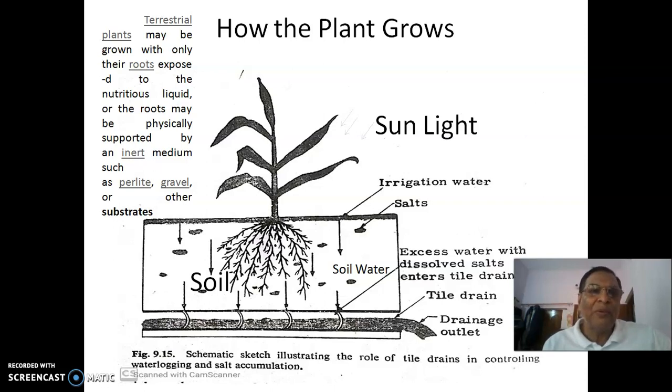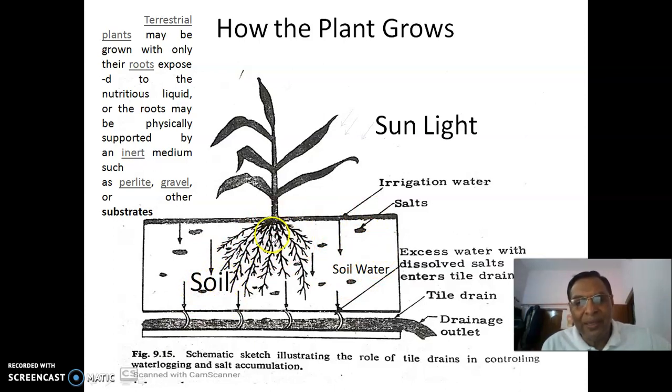Plants may be grown with only their roots exposed to nutritious liquids. Apart from this liquid, you will have sunlight, which causes photosynthesis. The liquid is provided by water, either from rainfall or from irrigation, and the soil holds this water in the root system.